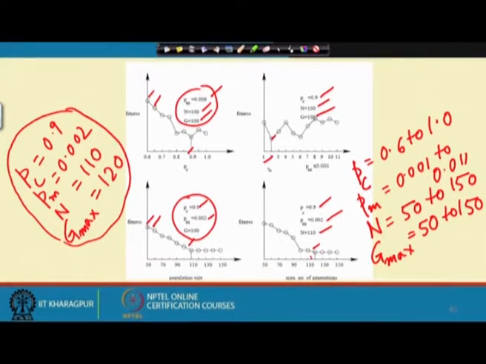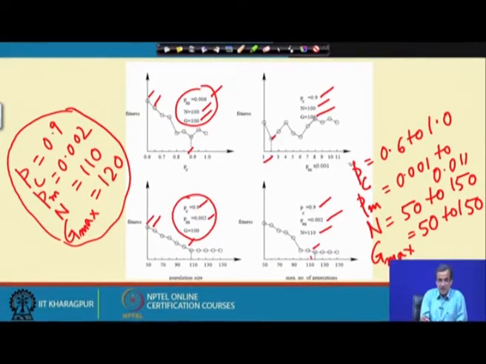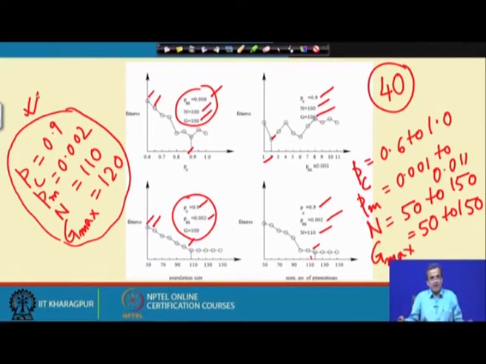For Pm, I am considering 10 numerical values. Population size, I am considering 10 numerical values, and here also I am considering 10 numerical values. Then how many times am I running GA? 10 plus 10 plus 10 plus 10. So, I am running GA only 40 times to find out this optimal or near optimal set of GA parameters.